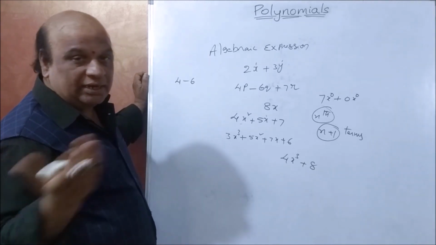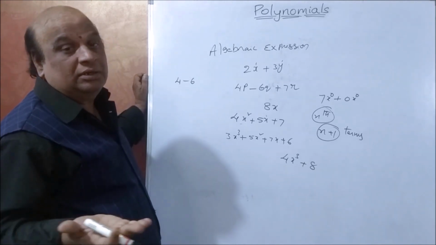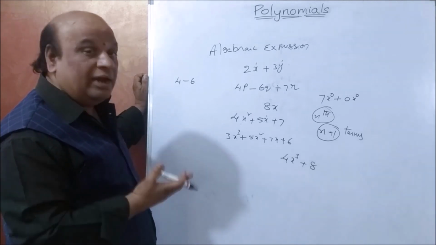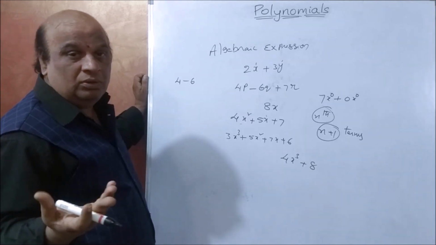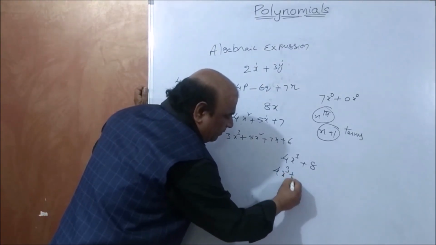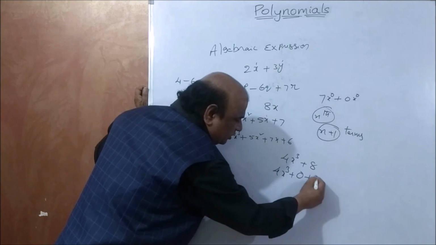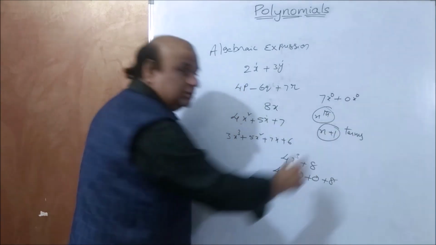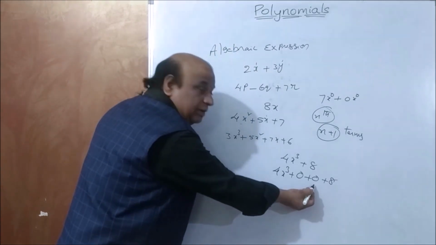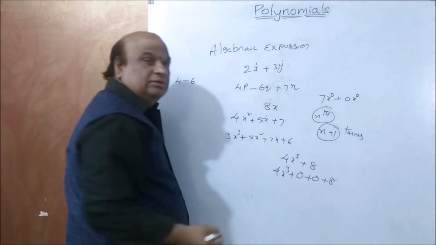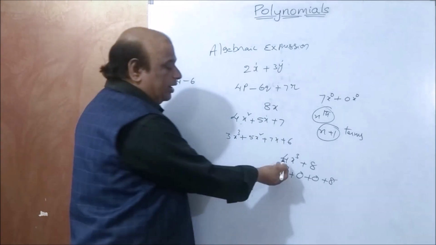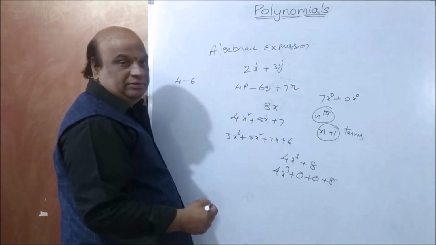Yes, it is correct. What about the remaining terms? The remaining terms are 0. Here actually it is 4x cube plus 0 plus 0 plus 8. Here the x square term is 0, the x term is 0, and then the constant. There is no need to write all these zeros. Simply you can write 4x cube plus 8.